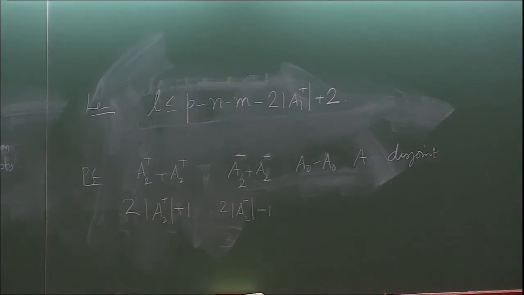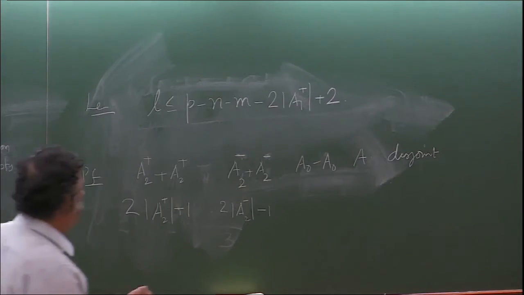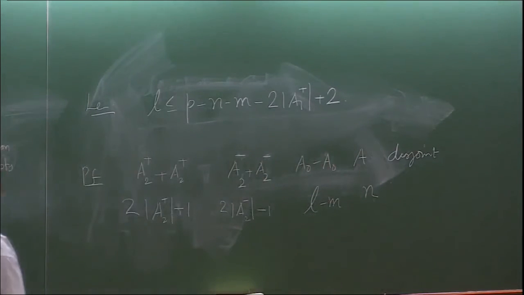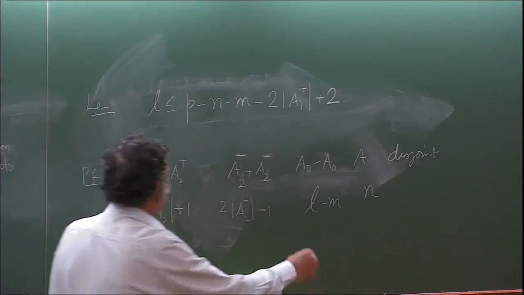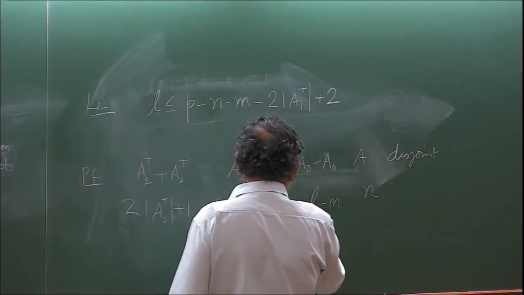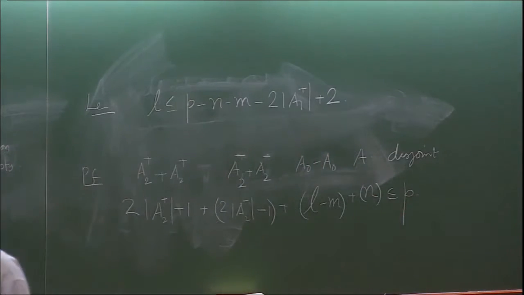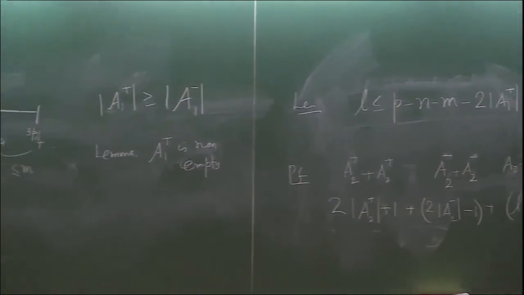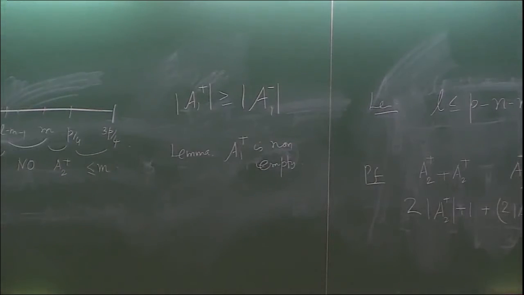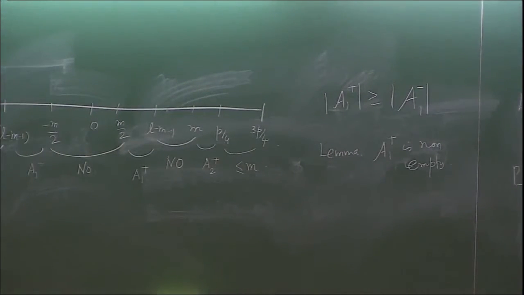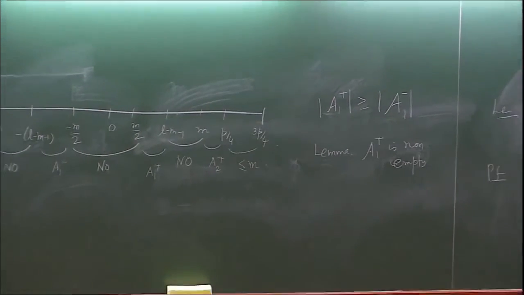And we proved that the 3M minus 3 cannot hold, therefore it has to be L minus M. And this has to be N. And their sum is less than or equal to P. And that proves the result. Okay?